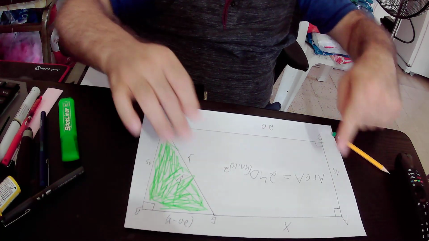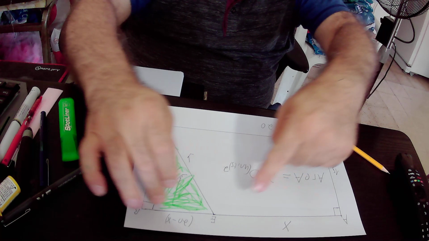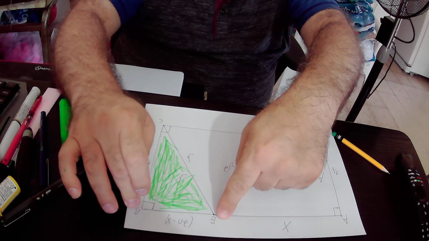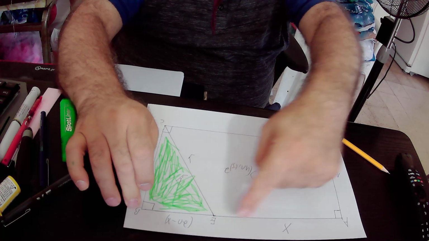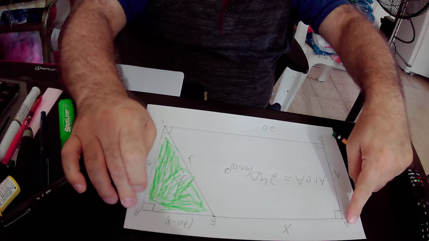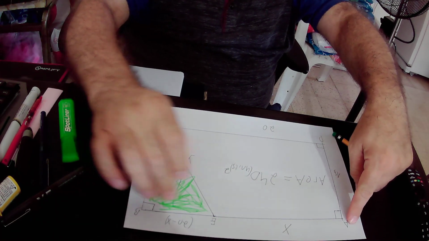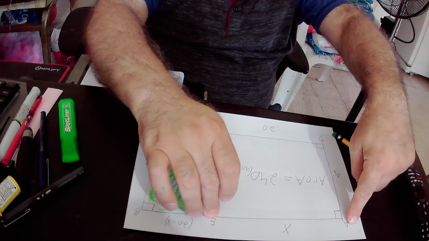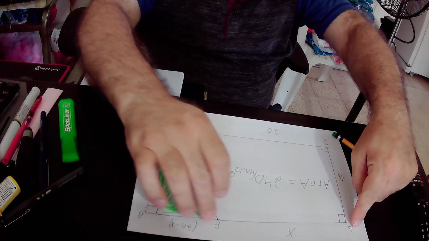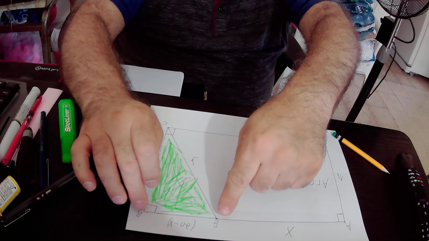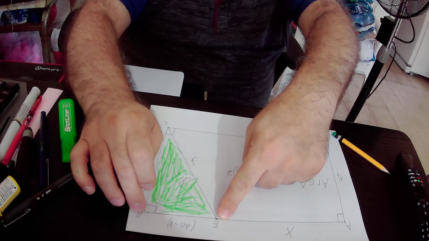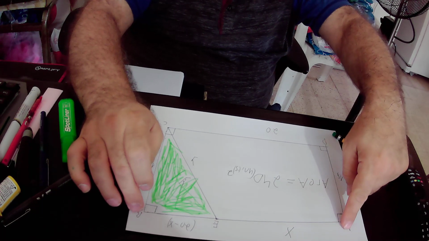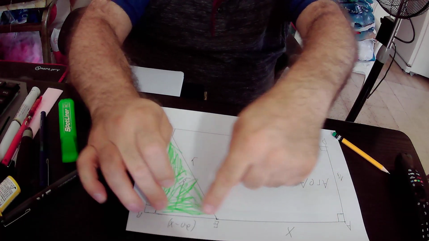The length of the rectangle is 20 units, and this length is x. So 20 units minus x equals the size of EB.